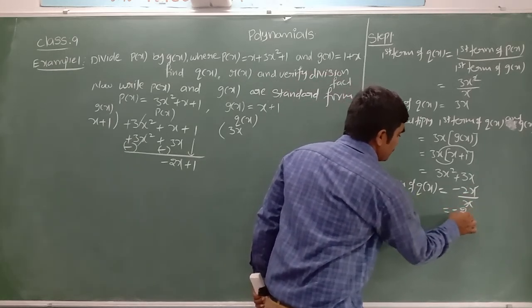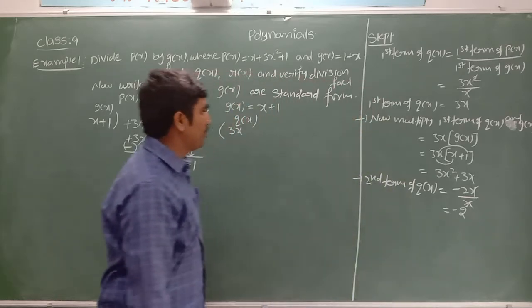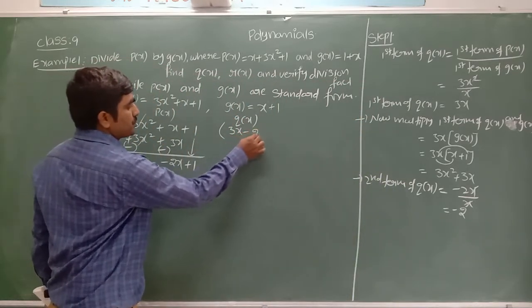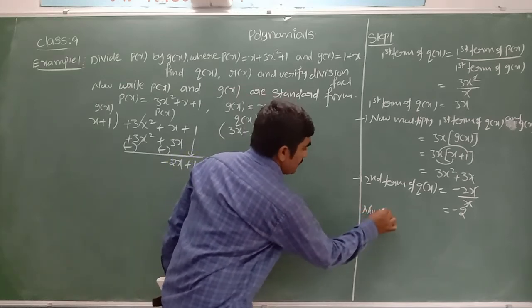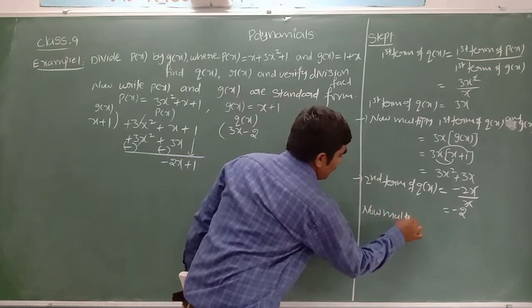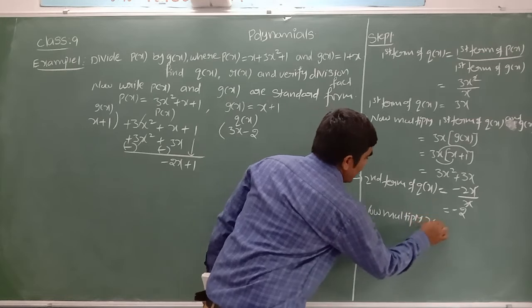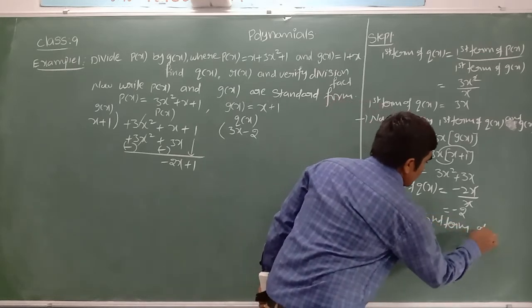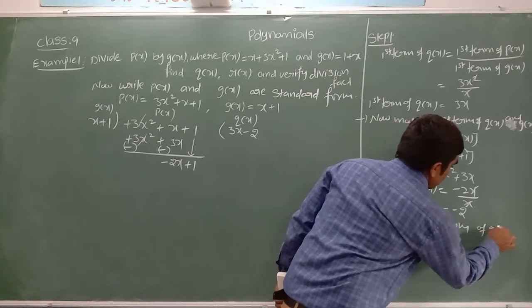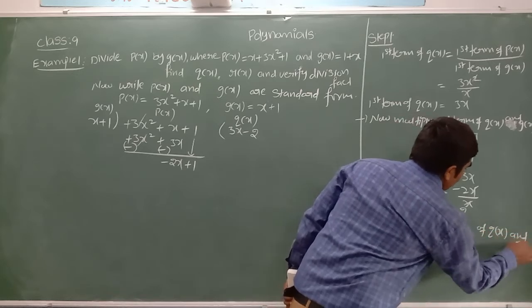I got minus 2. The second term of q of x is minus 2. Now we have to multiply the second term of q of x and g of x.